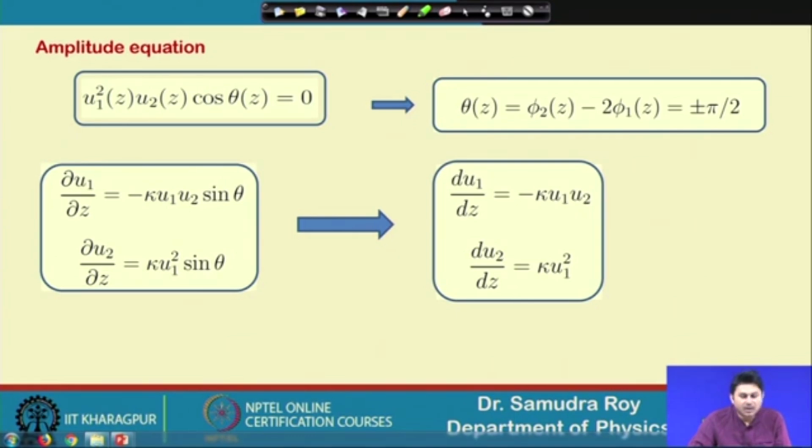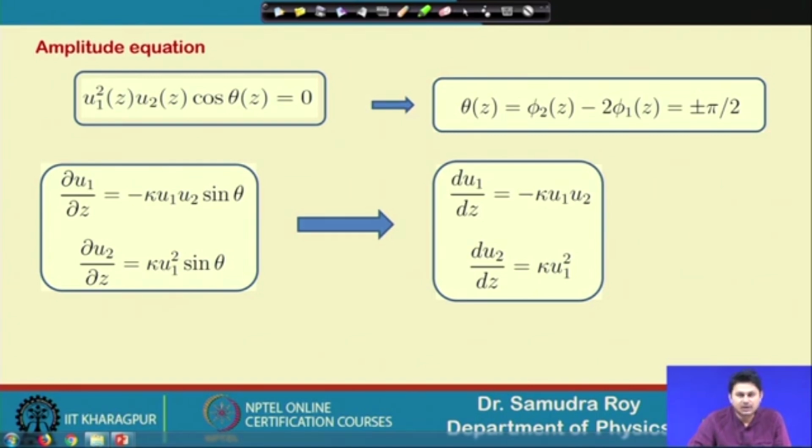If I put theta equal to pi by 2, the equations simplify to du1/dz equal to minus kappa u1 u2, and du2/dz equal to kappa u1 square. So, sin theta can be replaced by just 1, because theta is pi by 2.